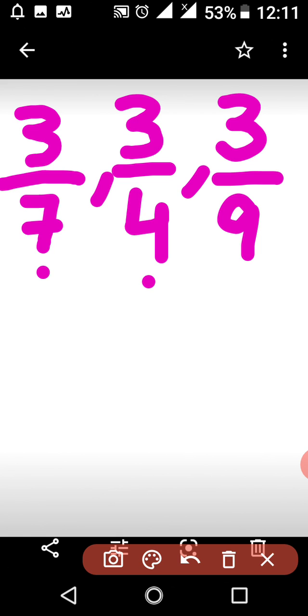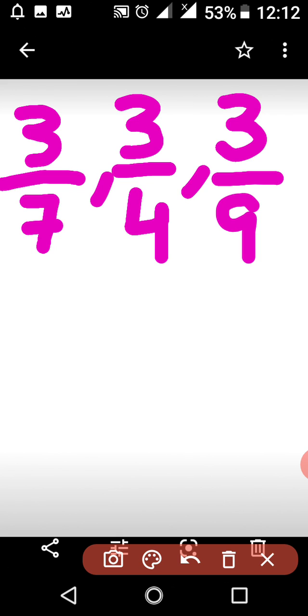These three denominators are different. So these are examples of unlike fractions, but here the numerators are the same. What is the common numerator for all three fractions? 3.